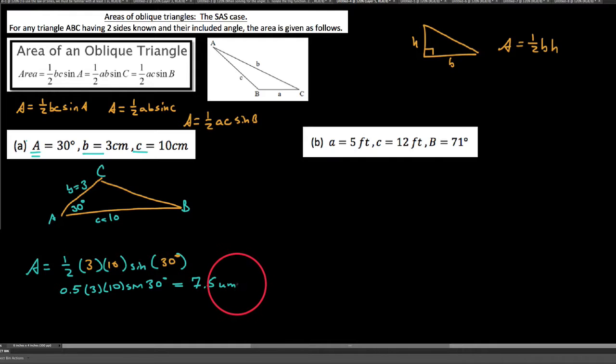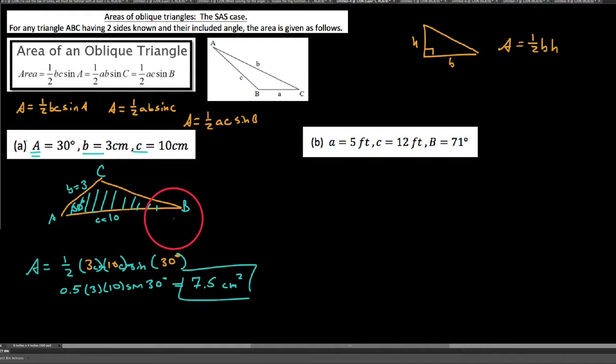One thing that's pretty important is that we use squared units. Looking at the lengths, our 3 was in centimeters, and so was our 10. When you take centimeters times centimeters, you get square centimeters. The important bit is that we're describing how much space or area this triangle takes up, so we have to measure this in square centimeters.